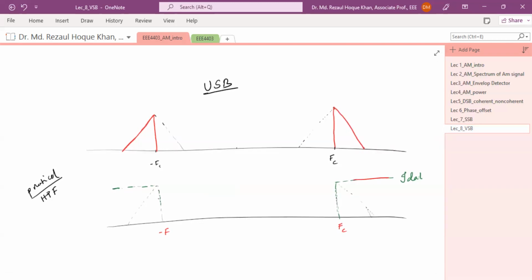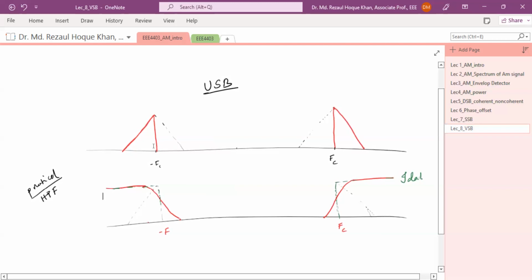Practically it will be like this. So a practical high pass filter will look like this.